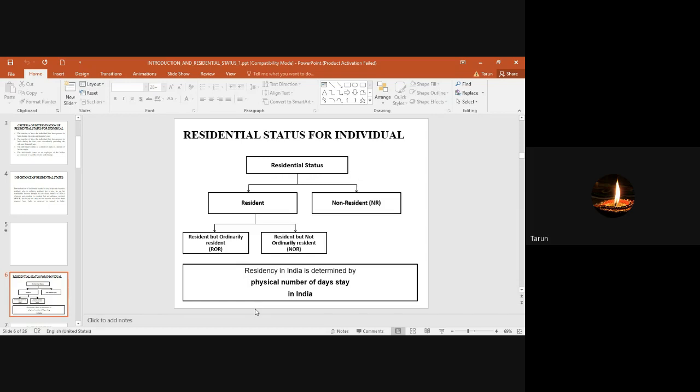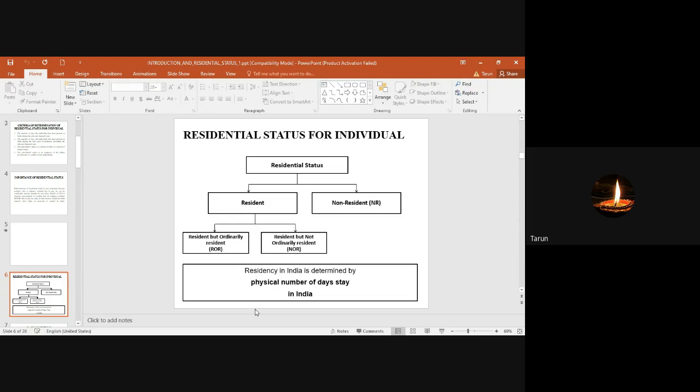Under the resident column, it is also classified into two subgroups, that is resident but ordinary resident and resident but not ordinary resident, which is also shown in the slides. How to determine their status, you can see in the rules in the upcoming slides.